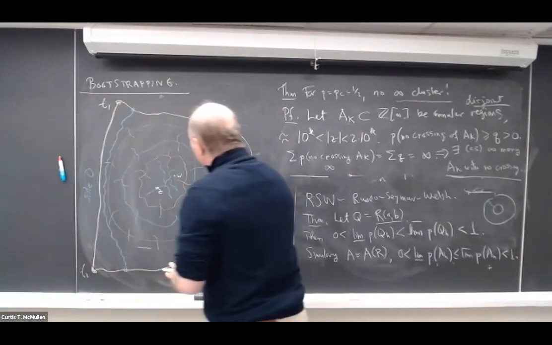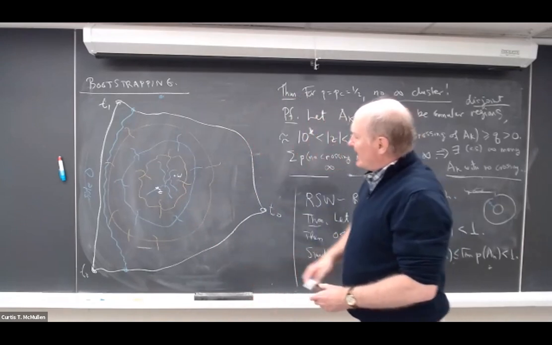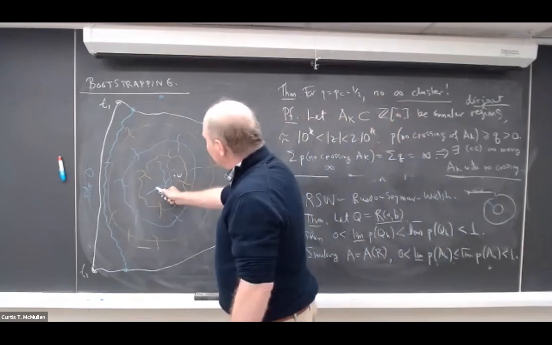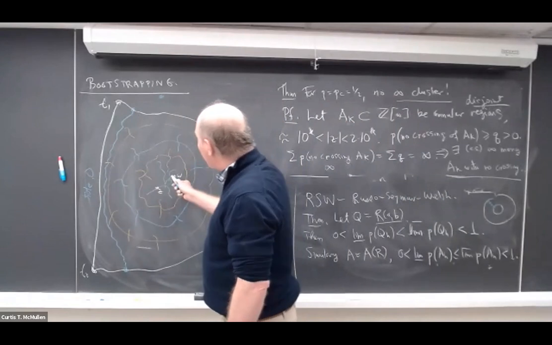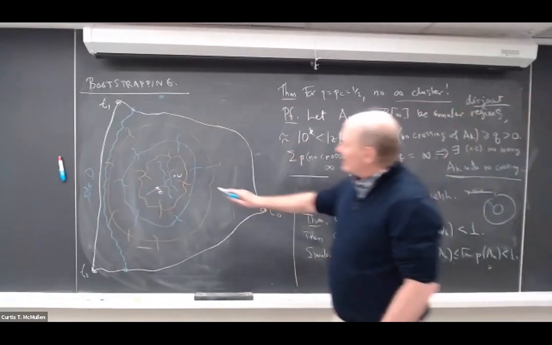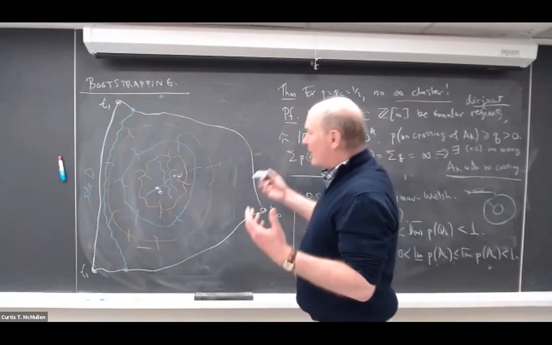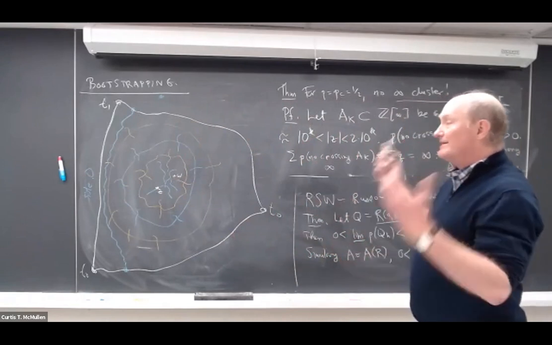So that means if Z and W are in an island, then whether or not Z is separated from 0 is the same as whether or not W is separated from 0. So subject to the condition that they're in an island, the probabilities would be the same.